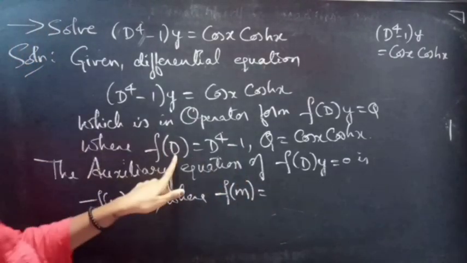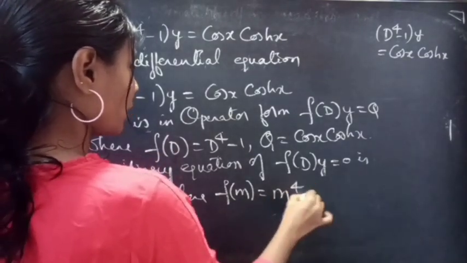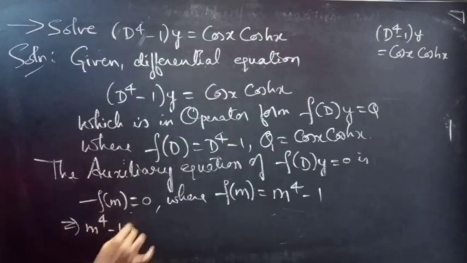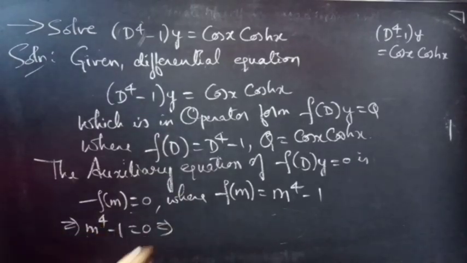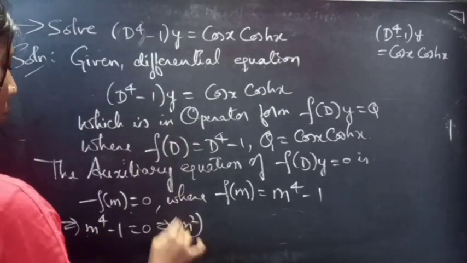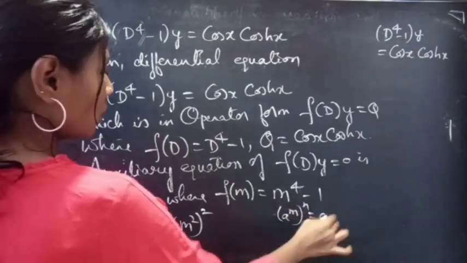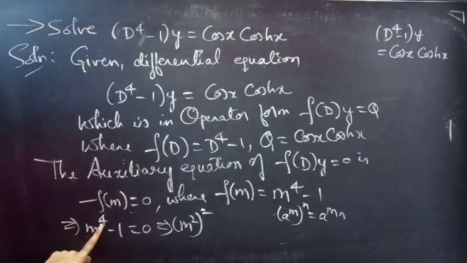Let's replace the differential operator by m, so that we'll get F(m) = m^4 - 1. Then we'll get the auxiliary equation m^4 - 1 = 0. Right? Now, let's write m^4 as (m^2)^2. We know that (a^m)^n equals a^(mn).